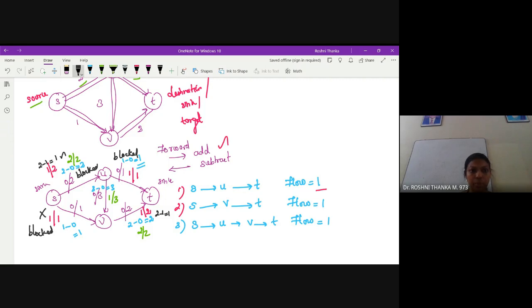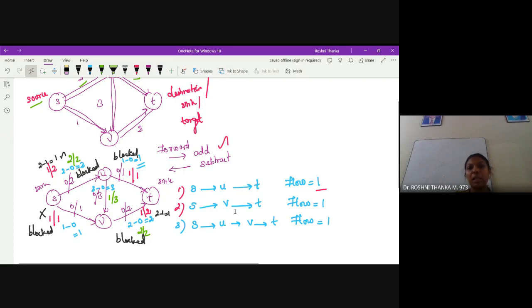It is also blocked. And if you see this path also, 2 is the capacity, 2 is used. Here also it is blocked. Can we send something through this here? This path is blocked, this path is blocked. So from the source, I cannot start any data. So we don't have any other path to go from source to destination.